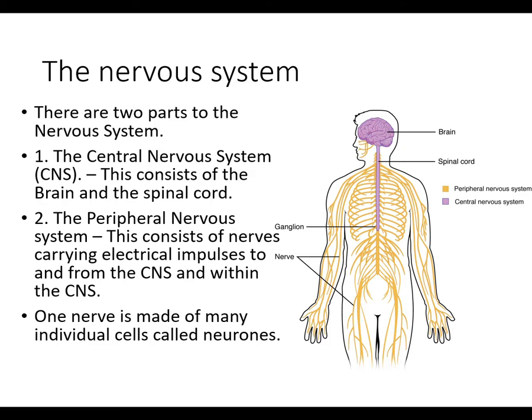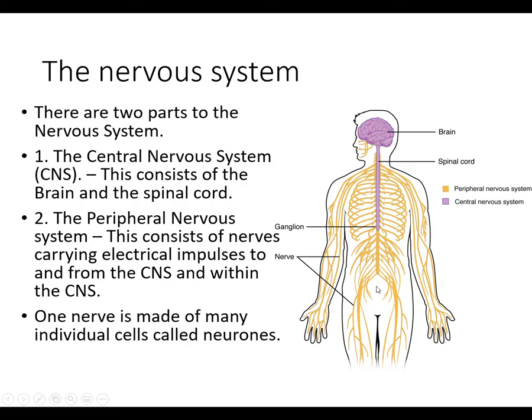Then we have our peripheral nervous system. These are all of our peripheral nerves here. What they do is they take some of the electrical impulses in to the central nervous system, and they also take them out when you've decided what you're going to do. These are nerves. They leave the spinal cord at the top, at the bottom, and all the way down.